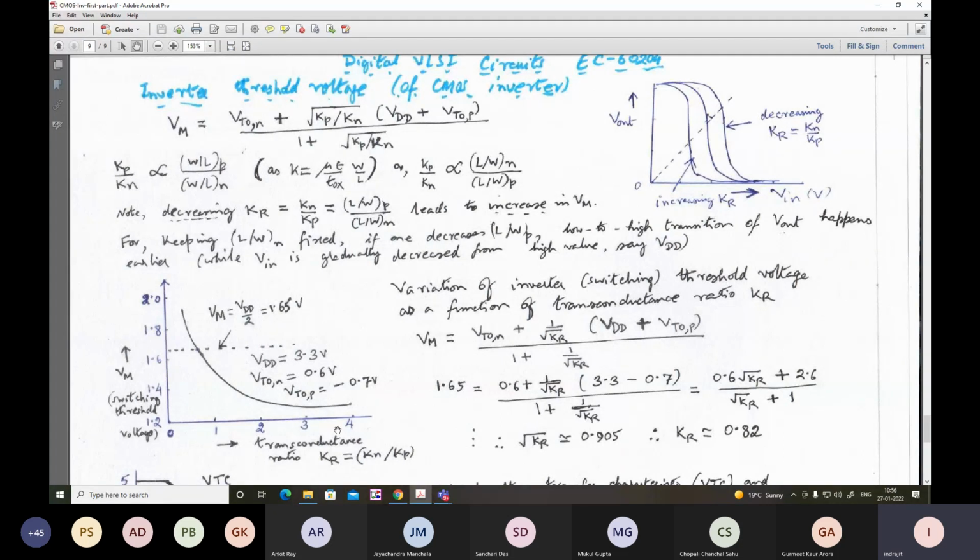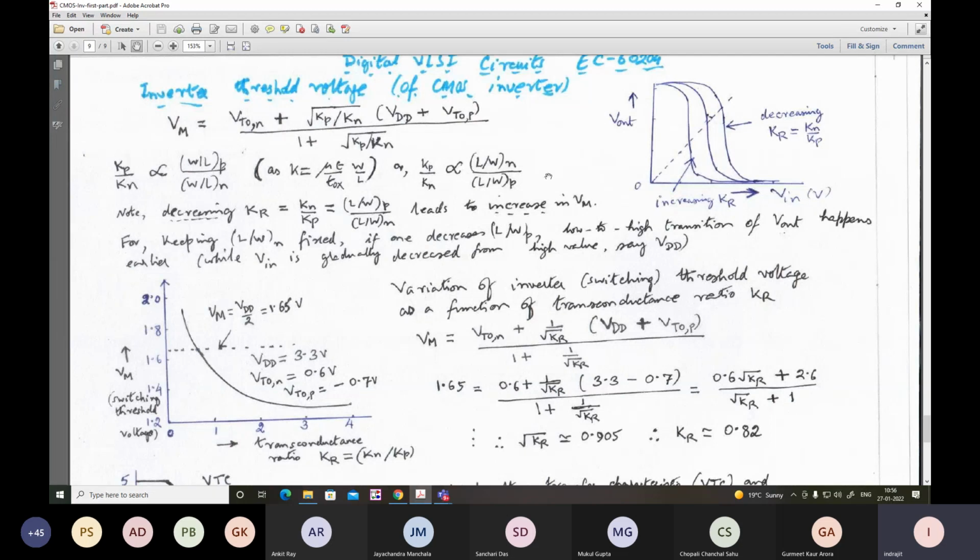Note that while we are bringing down the input voltage from the higher side, as you go towards the lower side of the input voltage, and it's an inverter, the low to high transition of the output voltage will be affected. And that is the role of the PMOS transistor.